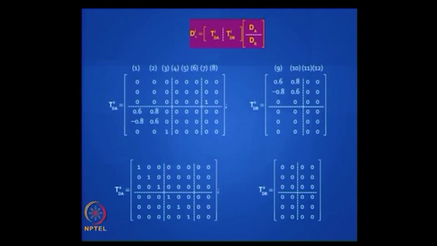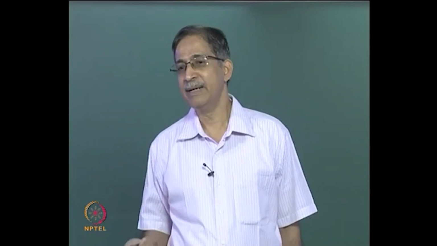and it is convenient to separate out the active degrees of freedom from the restraint. So actually the TD matrix for each element will have a size 6 into 12, which you can partition into 6 into 8 for TDA, active degrees of freedom, and 6 into 4 for restrained degrees of freedom. Most of the elements in the matrix will be zeros, except where you have a degree of freedom which is active.